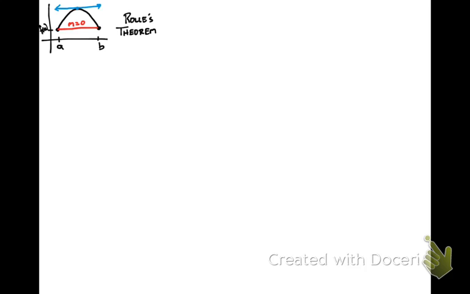Specific to Rolle's theorem is that if a function that's continuous on a closed interval and differentiable on the open interval starts and ends at the same y value, then the derivative must equal 0 at a certain point. But really, this is just the mean value theorem applied to a specific case.